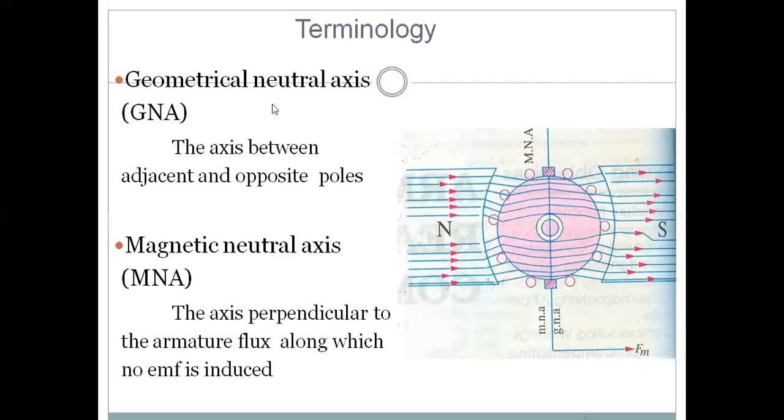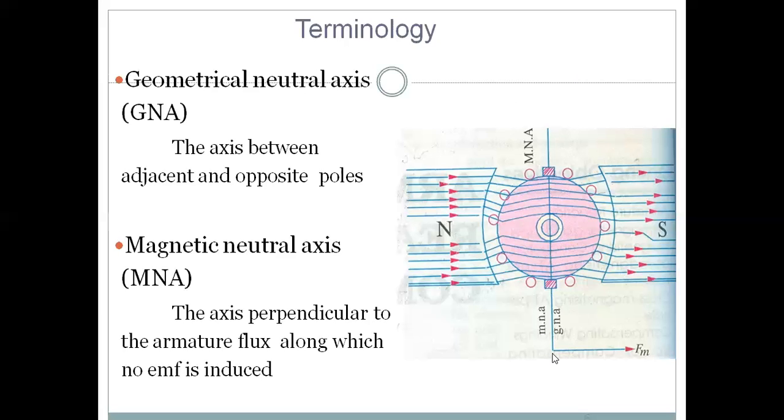Now, when armature reaction takes place, we will see which axis shifts, so that you get clarity on which axis does not change due to armature reaction. In this slide, I explained the geometrical neutral axis.